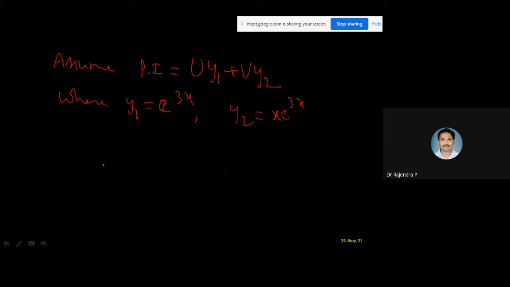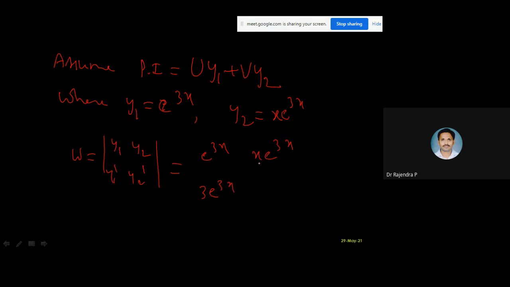So now, as I told you, we need the Wronskian determinant, that is W. The formula is y1, y2, y1 dash, y2 dash. y1 is e power 3x, y2 is x e power 3x. Here y1 dash is 3 into e power 3x, correct?